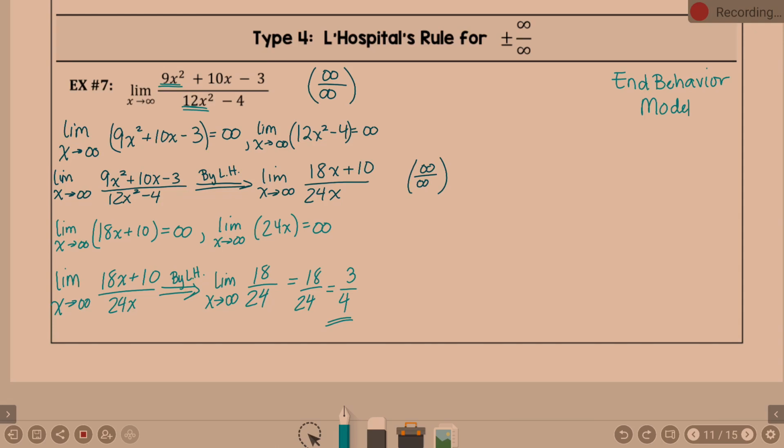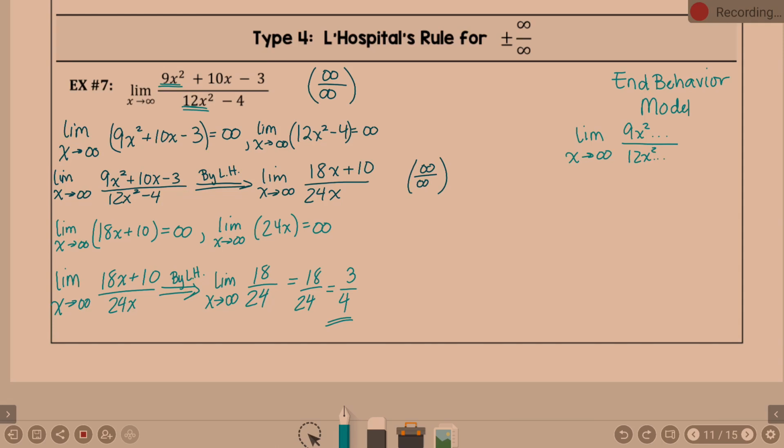That makes sense. I'm pretty sure we talked back in Unit 1 about how, when the limit as x approaches infinity, you can just look at your biggest powers. It's 9x squared and 12x squared. The rest doesn't matter.